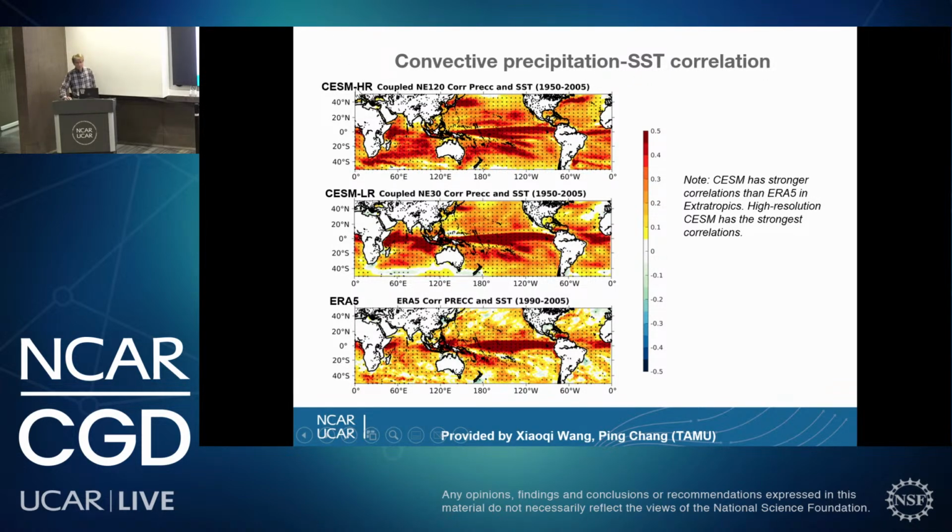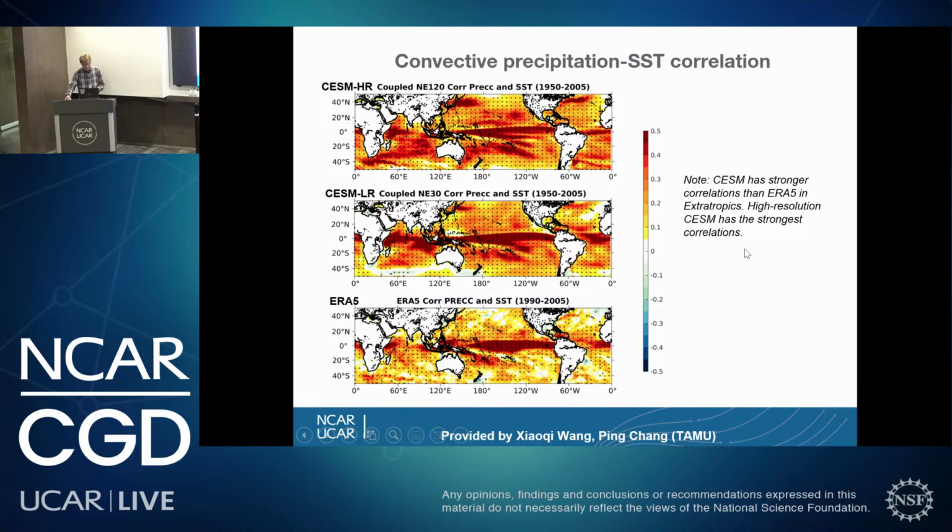It's the high-resolution CSM at the top, the low-resolution model in the middle, and ERA5 at the bottom. You see the same kind of features I showed on the previous slide in the high-res CSM. The low-res is slightly weaker, but it's actually stronger in both versions of the model in the extratropics than ERA5.